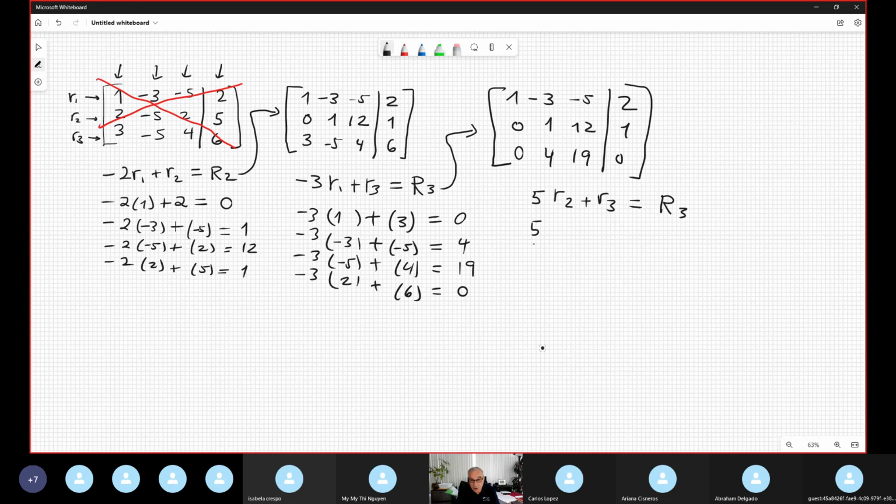You copy 5 4 times, multiplied by the corresponding element in row 2, que is 0, 1, 12, and 1. And add the corresponding element in row 3, que is 0, 4, 19, and 0.